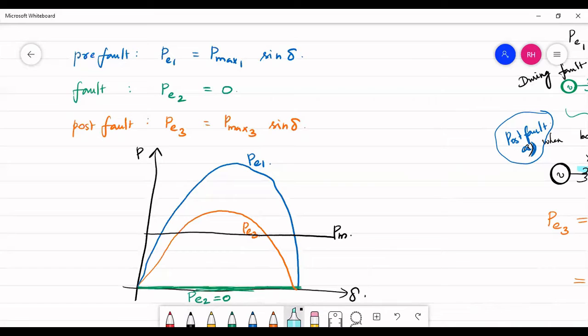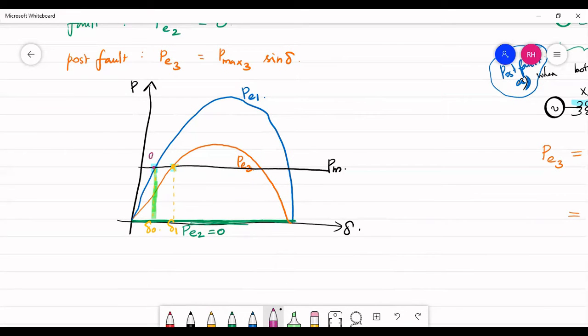If we talk about the rotor angle, the initial rotor angle is going to be delta naught, and the final is after the fault. So the post-fault curve intersects Pm at this point, and hence this is the angle that corresponds to the final rotor angle, which is delta 1.